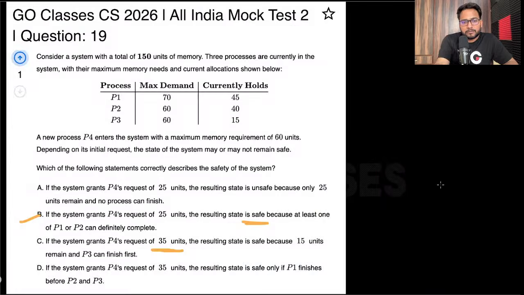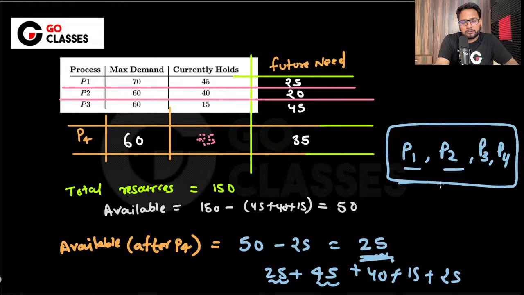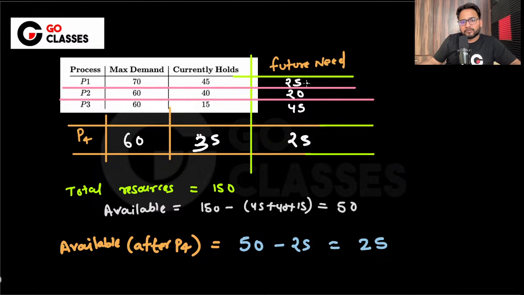P4 is requesting for 35. Let me just check. So basically here you have 70 minus 45, 25. That's fine.